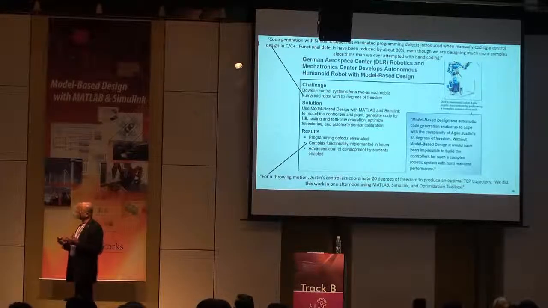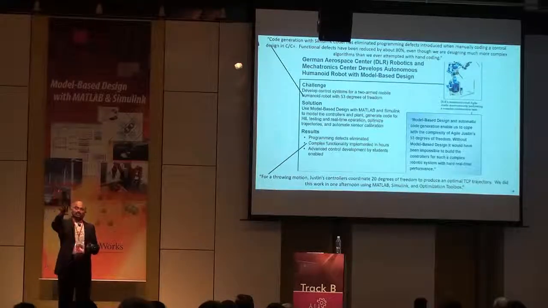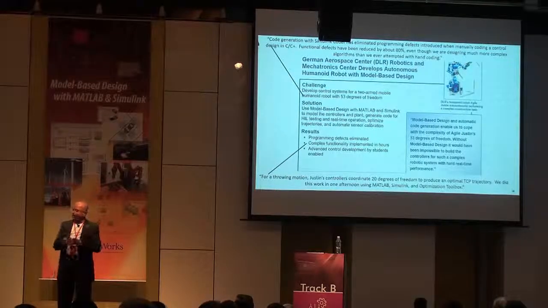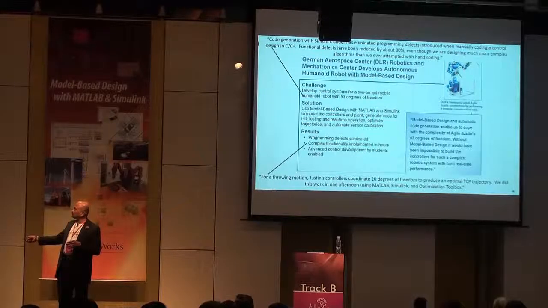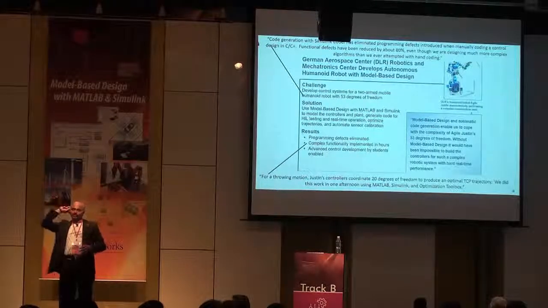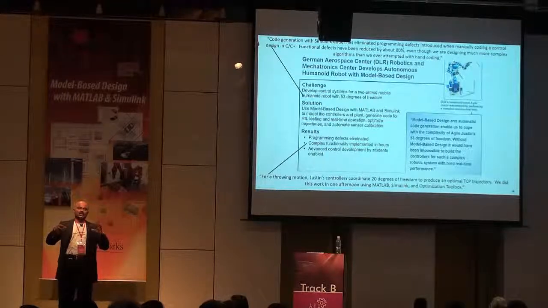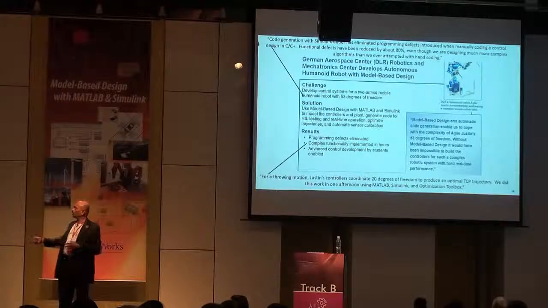The other key benefit is the time. So in that video you saw the throwing motion. Justin was either throwing the ball or catching the ball. And in this case, for that throwing motion, Justin is controlling 20 different degrees of freedom. So you can imagine the complexity. It looks like a very simple motion, but you're controlling 20 different motors and actuators and telling them how to work.